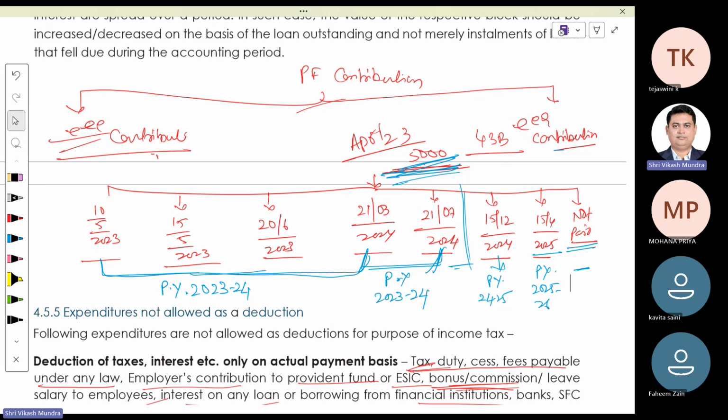Then the deduction is available in the previous year in which this expenditure pertains. Otherwise, the deduction would be available in the year in which we paid this money to the respective authority. Unless and until we pay this money to the respective authority, the deduction is not available. Done? Any question till now? Anyone have any query from this?